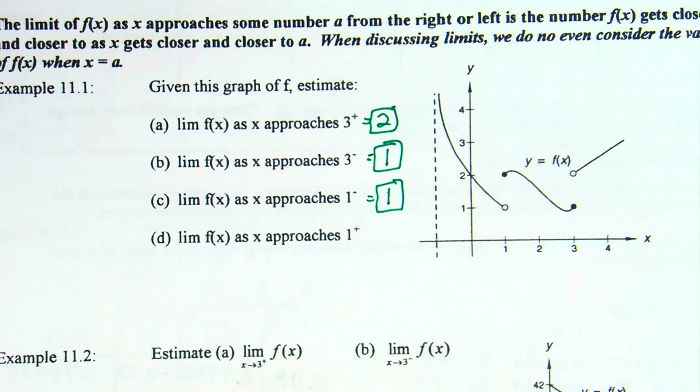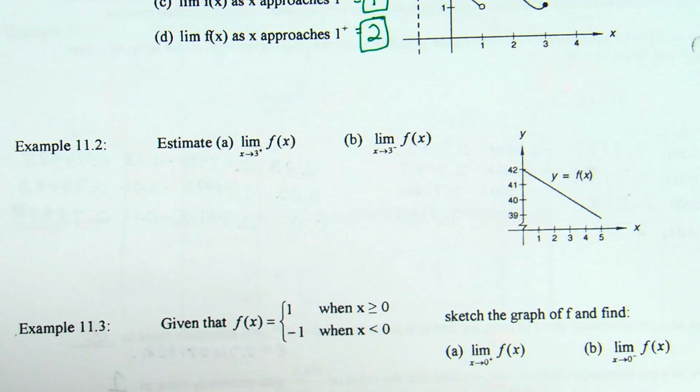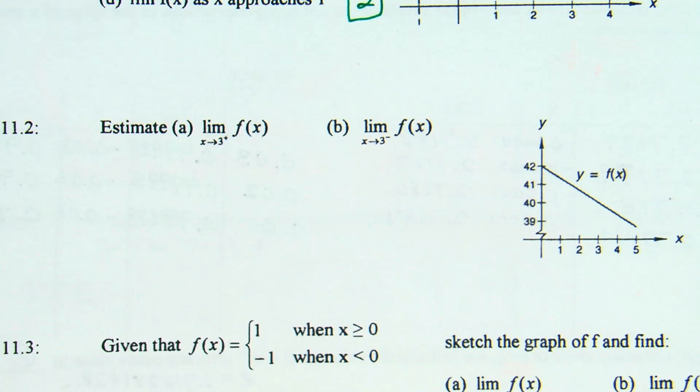Okay. The limit as x approaches 3 from the positive side of f of x. Thoughts on this one? It's x equals 3, right?